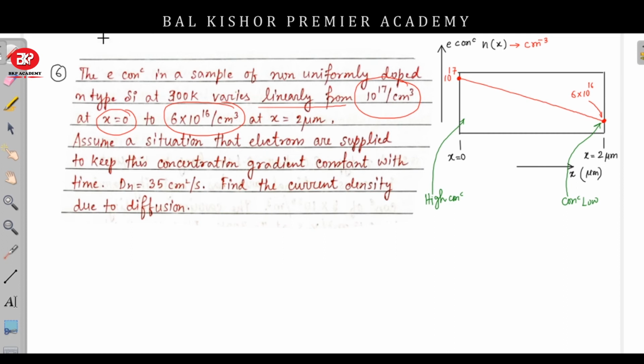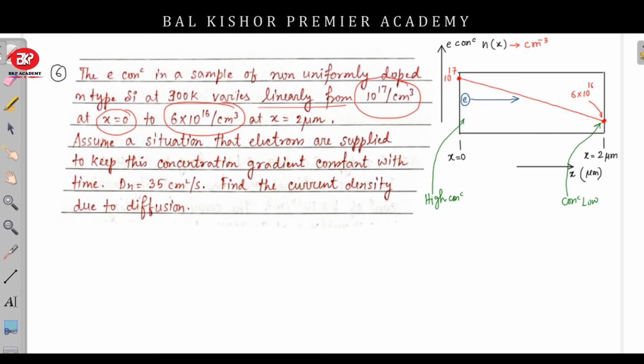That's why the electrons will diffuse in this direction, moving from higher concentration to lower concentration. So assume a situation that electrons are supplied to keep the concentration gradient constant with time. So dn is given, so find the current density. So I will get the current density. In which direction will the current density be?